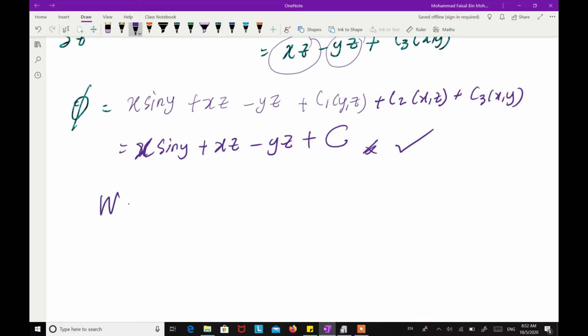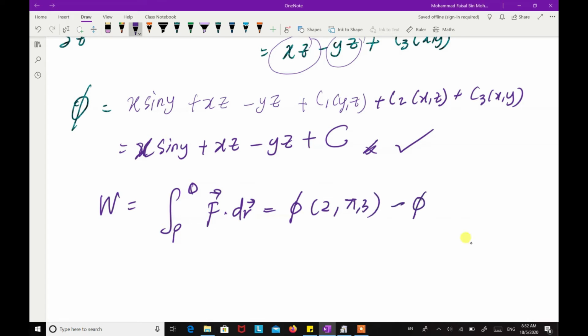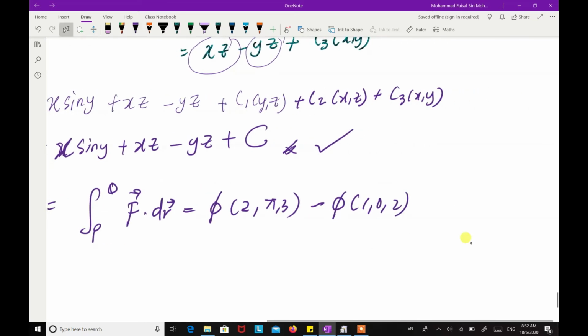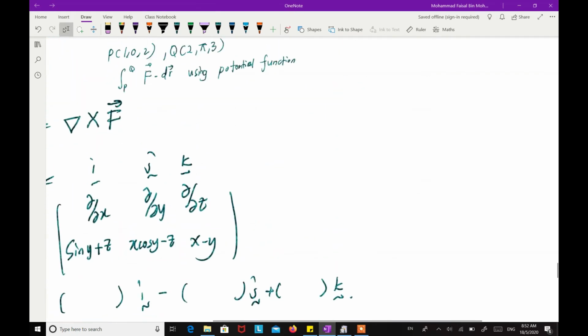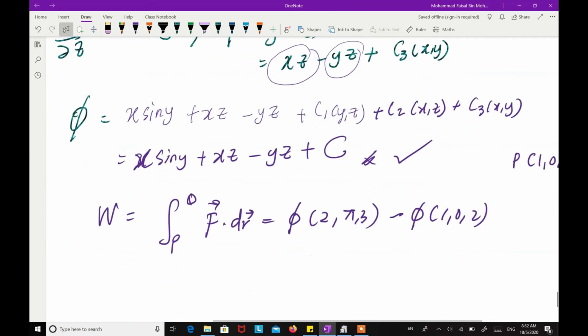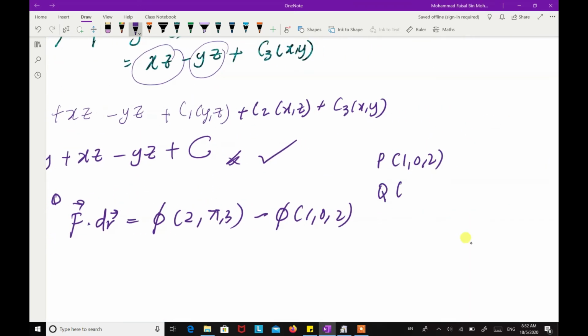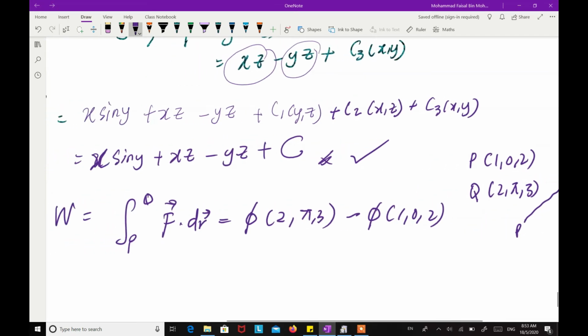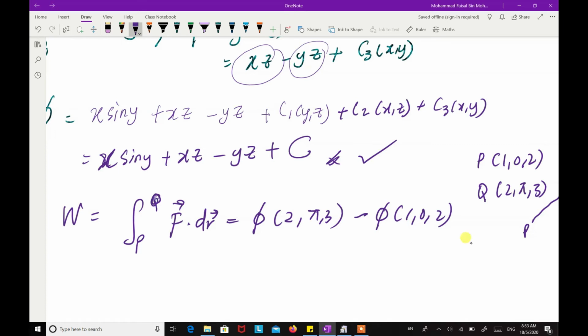Work done, the integral from P to Q of F dot dr, is equal to phi at (2, pi, 3) minus phi at (1, 0, 2). Because P is given as (1, 0, 2) in the question before, and Q is (2, pi, 3). P moves to Q, so Q has to minus P.